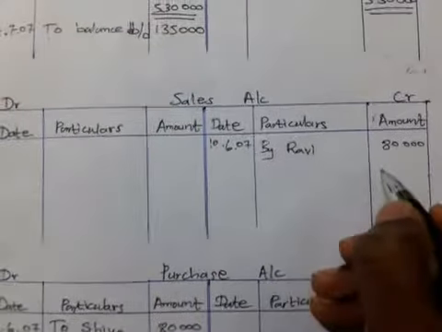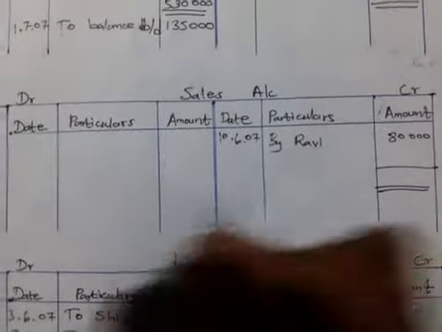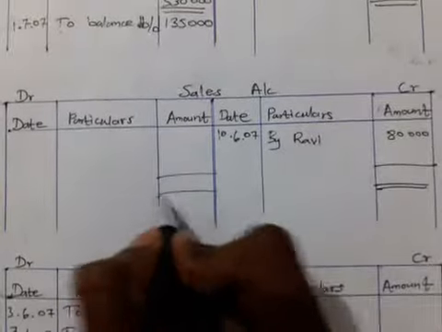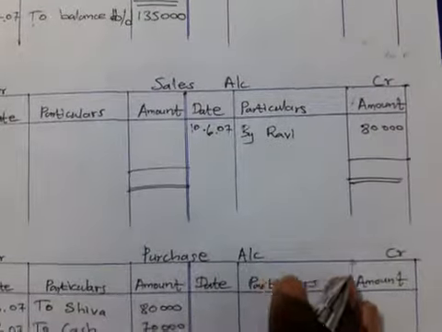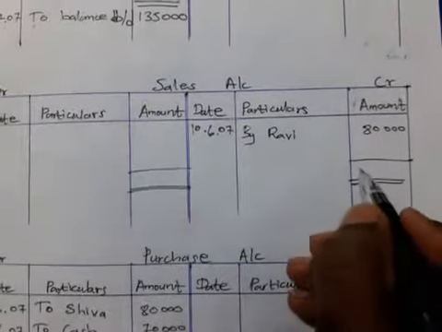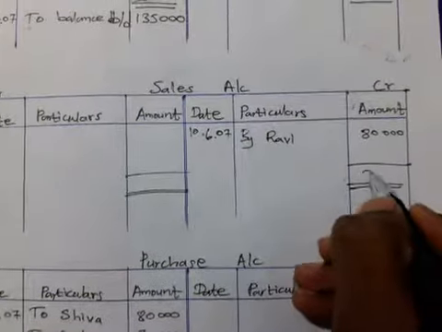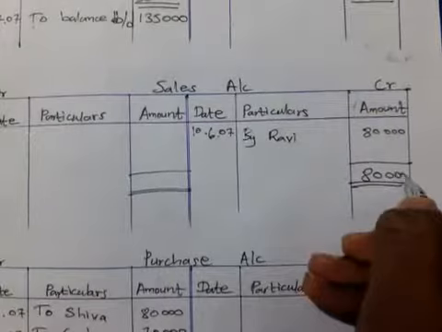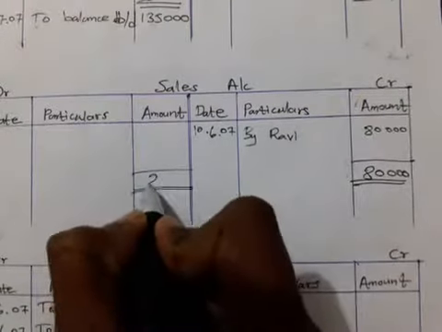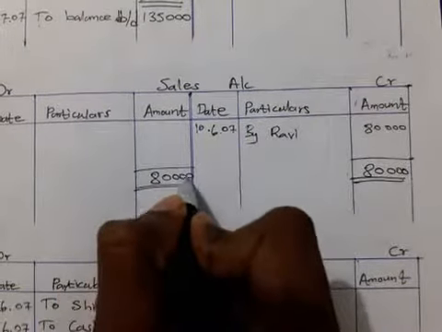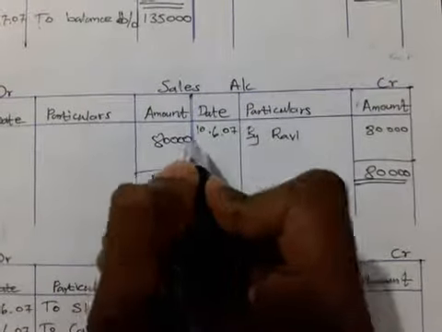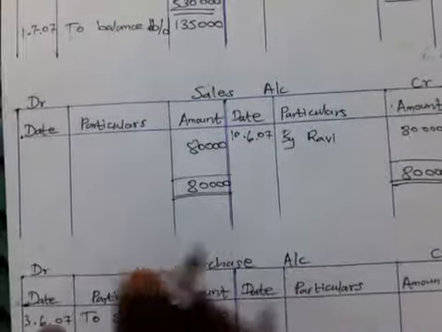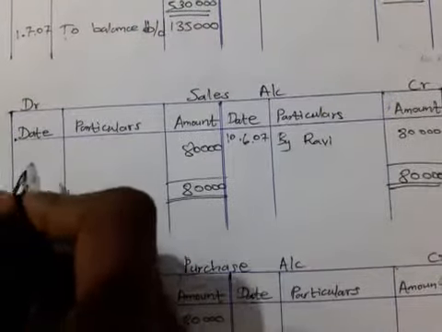We close the sales account, 80,000. So there is no amount on the debit side of the sales account. So we'll record the same amount on the debit side.